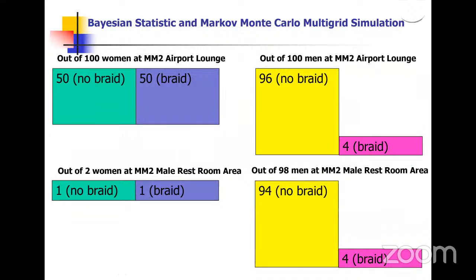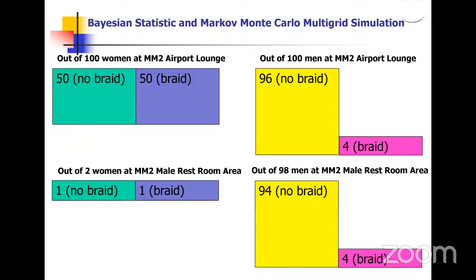So the first thing you would do is to make some assumption. Let's say you are looking at 100 women in the airport lounge. You say, okay, what if 50 of them are wearing braids? What if 50 are not wearing braids? So you can find the probability of any person wearing a braid being a woman.